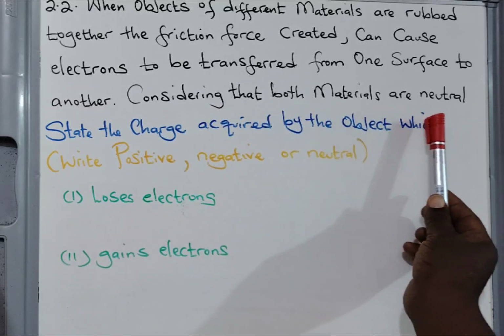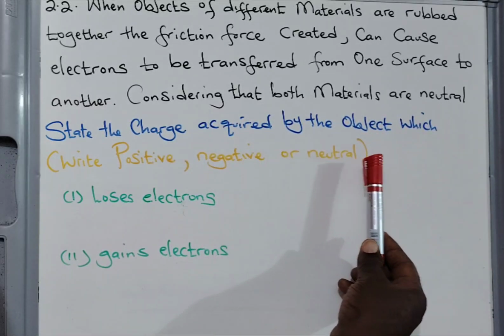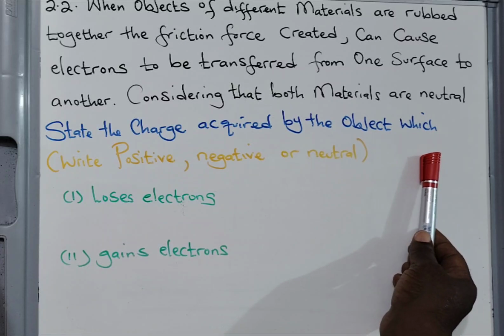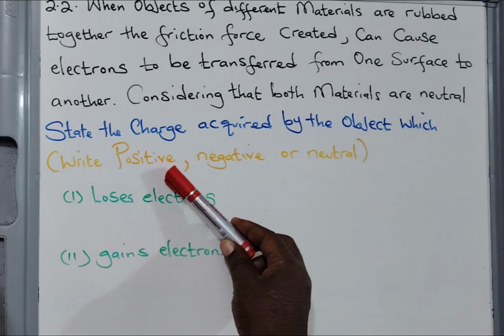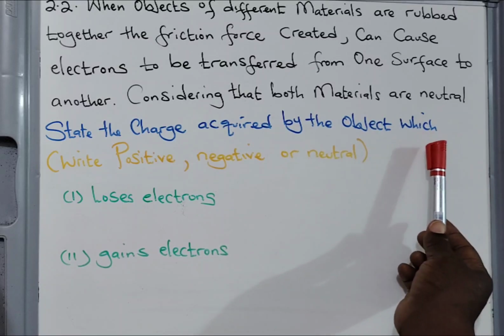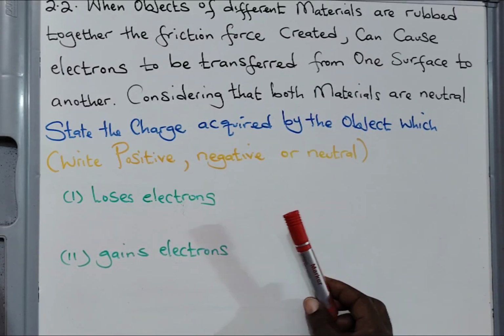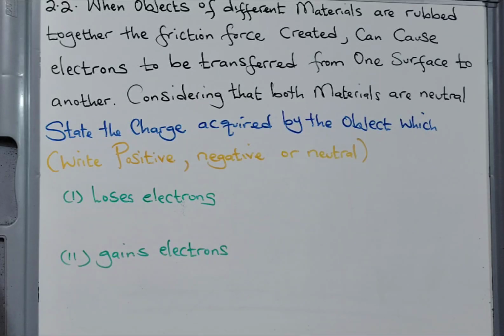Considering that both materials are neutral, state the charge acquired by the object, which they want you to write positive, negative, or neutral. Which loses electrons? The material which loses electrons, if it was neutral, acquires what charge? It becomes positively charged.